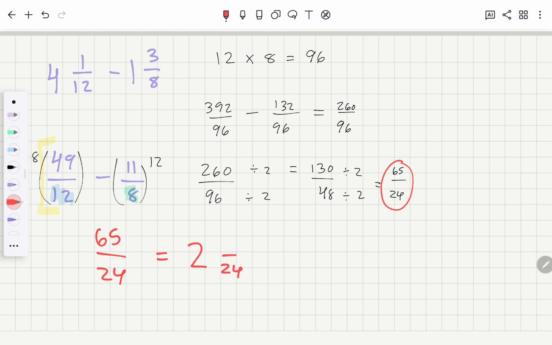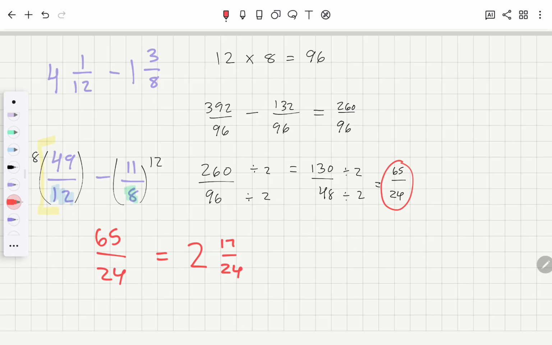And 24 times 2 is 48. So I'm going to have 65 minus 48. Sorry, I first said 12, but that should be 48. My bad. 65 minus 48 is 17. So I know that my final answer is 17 over 24.